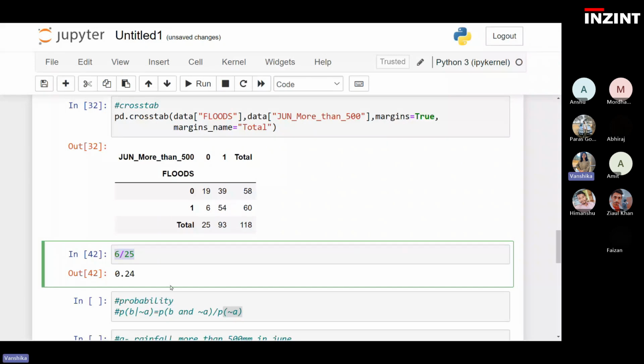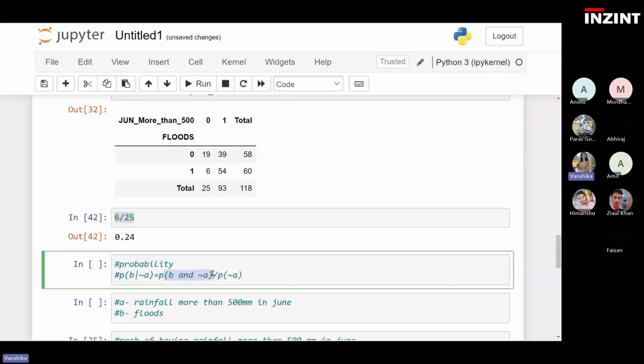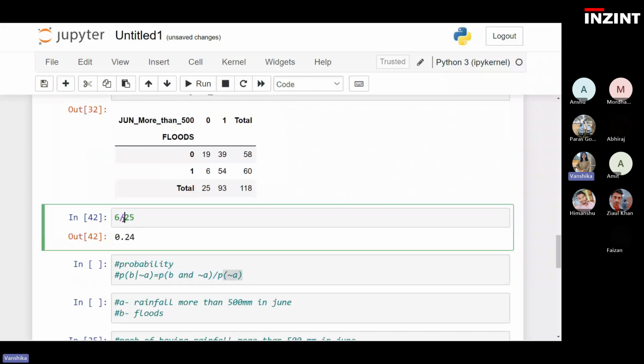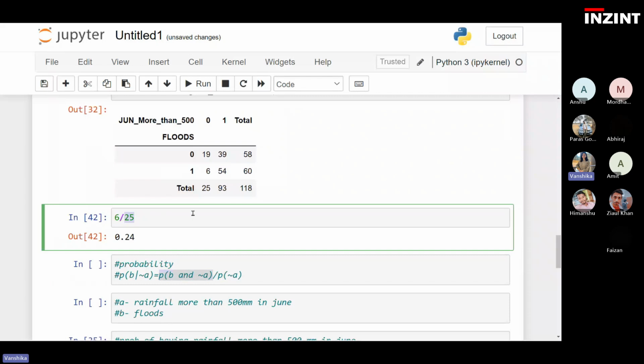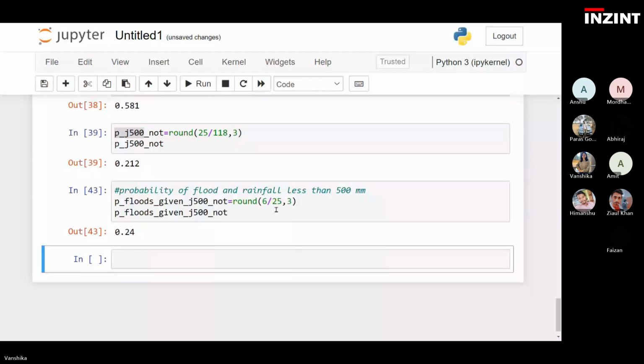Okay, instead of calculating these things individually, I am directly dividing 6, which is the intersection of B and A complement, by the total instances of A complement, which is 25. So here I'll make a little change. This gives me 0.24.